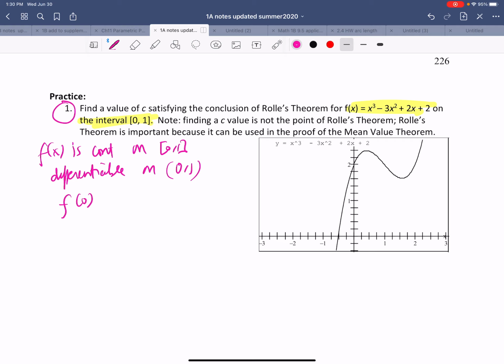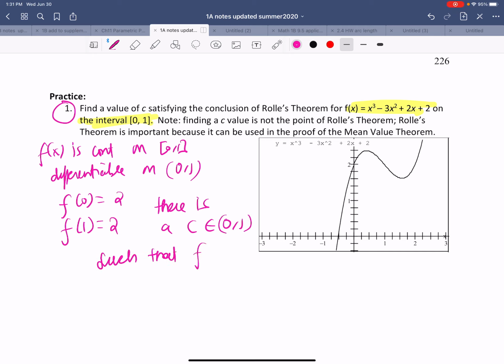Also, f of 0 is equal to 2, and f of 1 is equal to 2 as well: 1 minus 3 plus 2 plus 2 is 4, 5 minus 3 is 2 again. So my two y values are equal. Then there is a c in the interval 0 to 1 such that f prime of c is 0. The derivative at that point is 0.